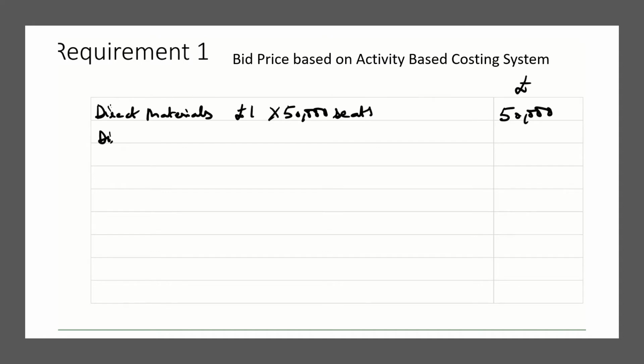Similarly, direct labor information is already given to us. Per unit direct labor is 10 pounds, and we have to manufacture 50,000 seats. So it comes down to 500,000.